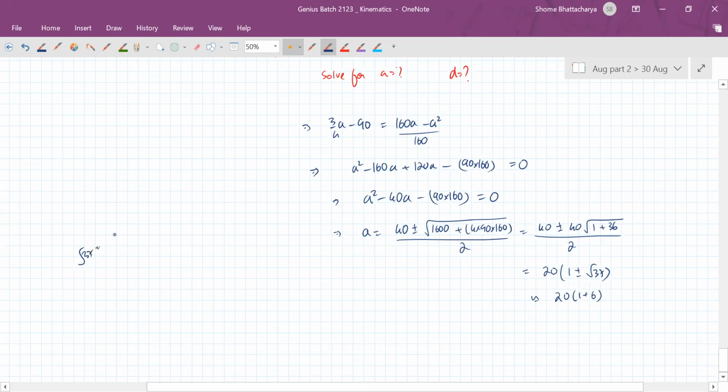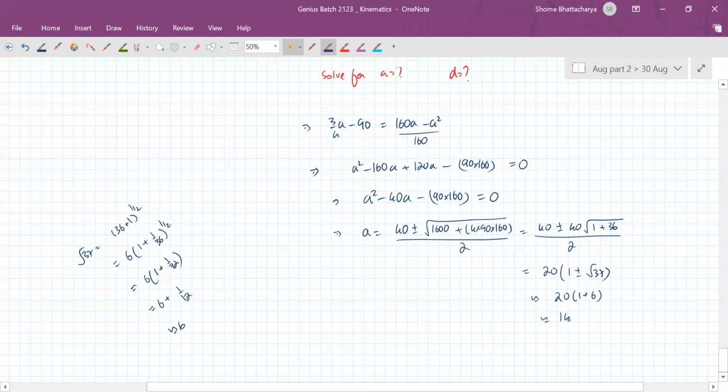You can use that binomial approximation method also, but basically come to that only. So it's nearly 6 only.